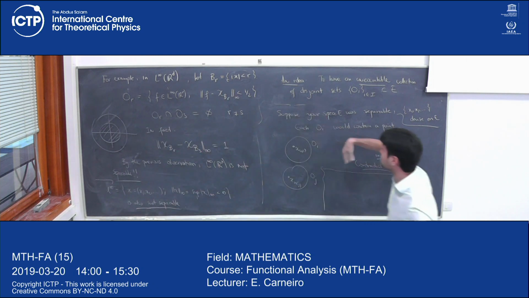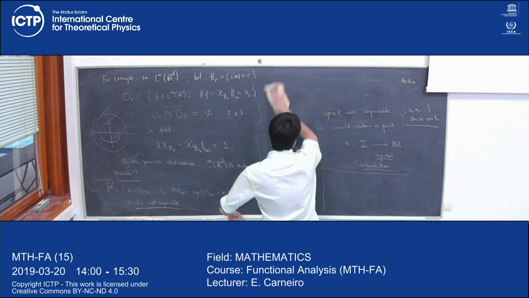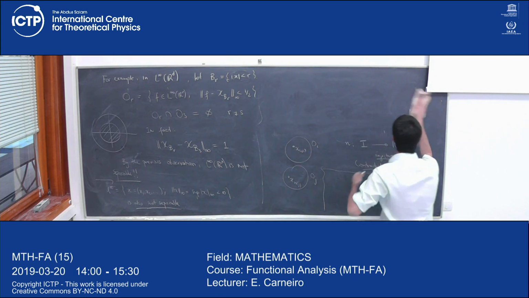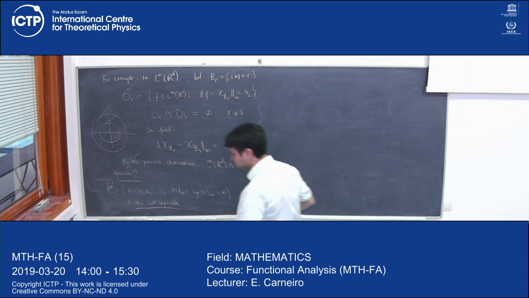Let's try to construct our open sets like we did here. So what would be a nice construction now of open sets? Sequences of zeros and ones. Just sequences of zeros and ones.